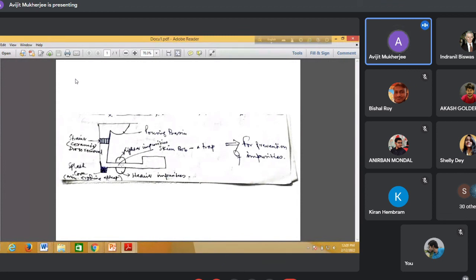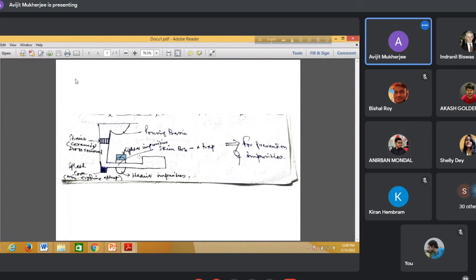Heavier impurities will settle in the lower half, whereas lighter impurities will float over the molten metal and will be trapped in this upper compartment. So later on, after solidification, we may remove all these impurities. So this is a skim bob. So this is all about the gating system.